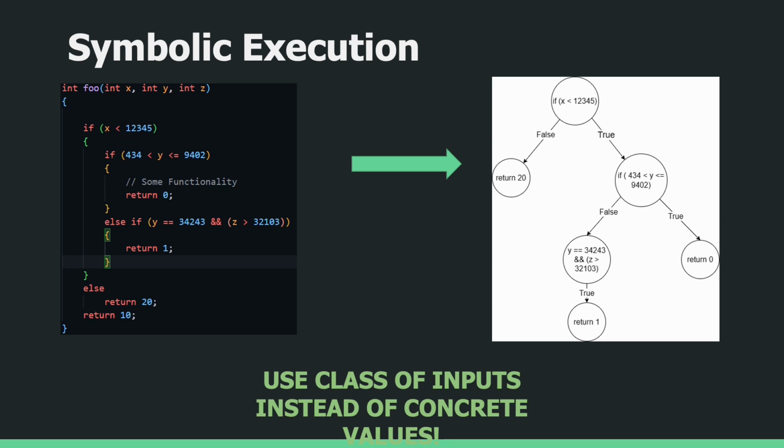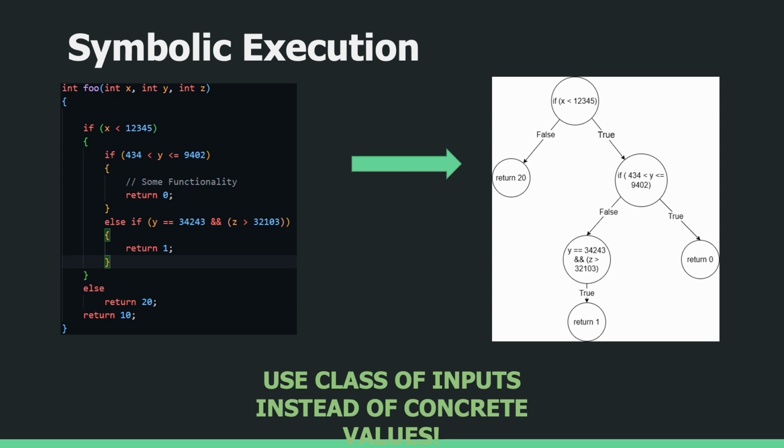So with this we define a newer type of execution in which the value of x is not fixed, but it belongs to a specific class in its sample space. For example, it can belong to the class where x is less than 12345, right? So this raises a question: why not use a class of inputs instead of concrete values, where we want to explore the program space deeper and deeper?